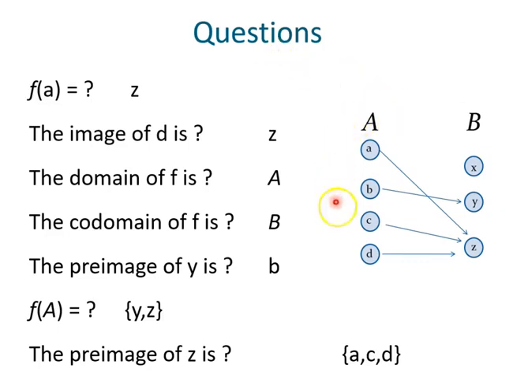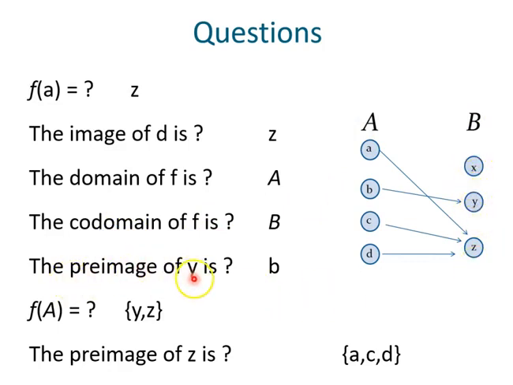In this example, we consider this map, which is denoted with f. What is f of a? f of a is z. The image of d is z. The domain of f is the set A. The codomain of f is the set B, which consists of x, y, and z.